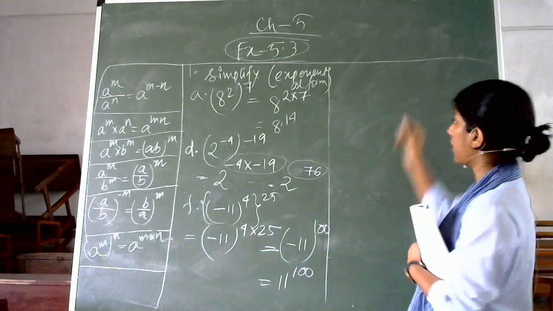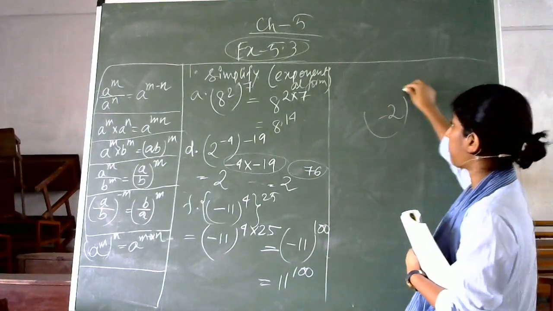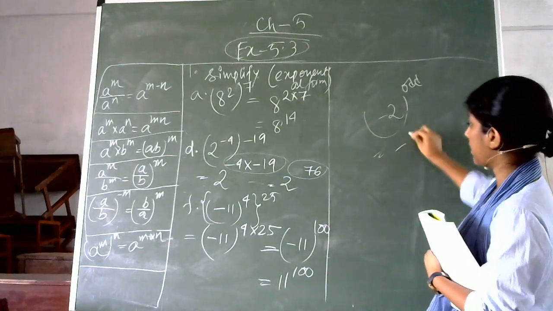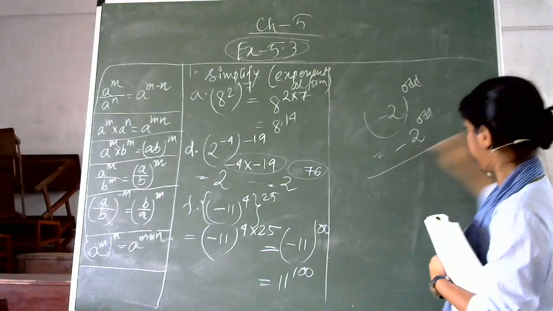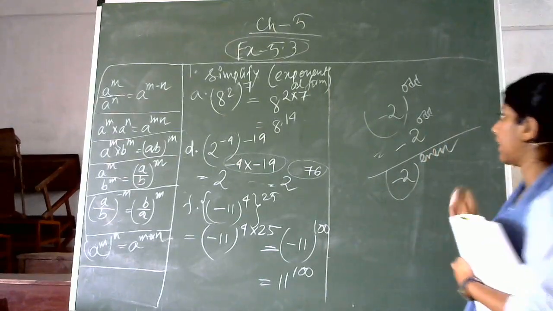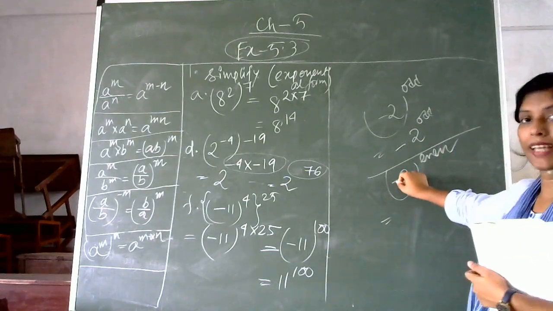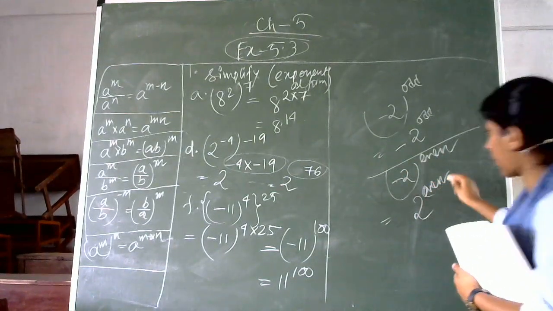Now if you remember, I said that for example if it is minus 2, if the power is odd, then there is a minus of that base, whatever the power is. And if the power is even, in that case what happens? This minus gets removed. So I can write equals to, whatever that power is.